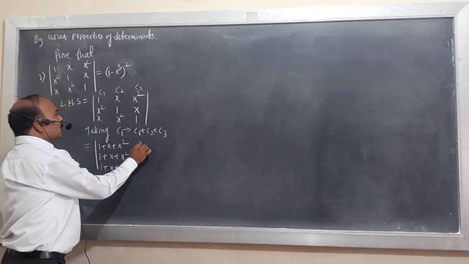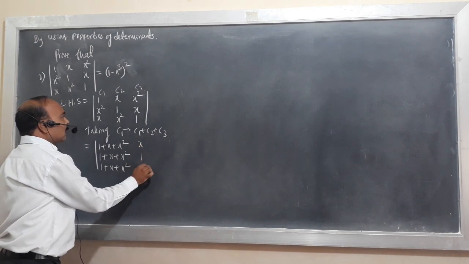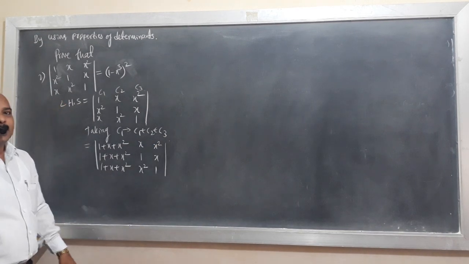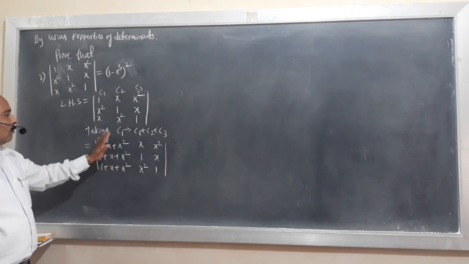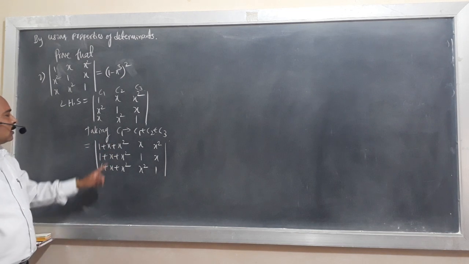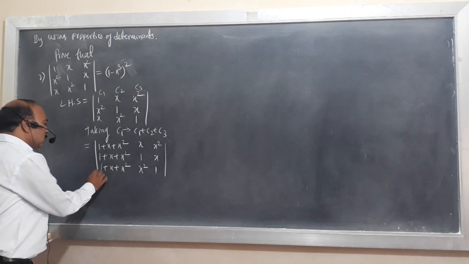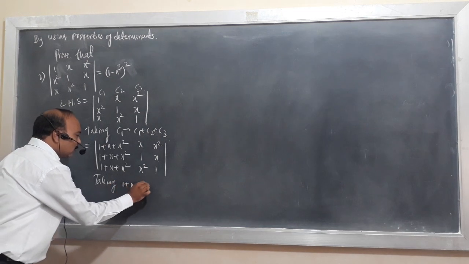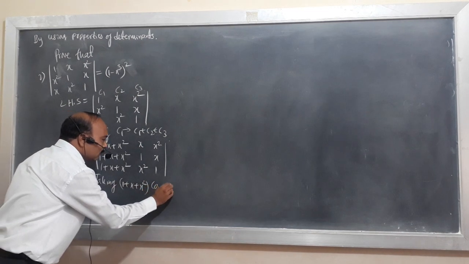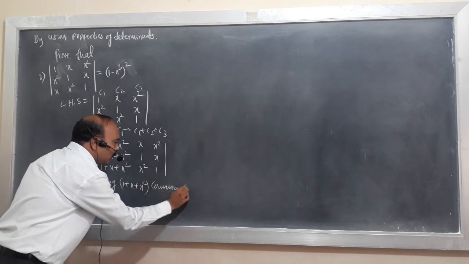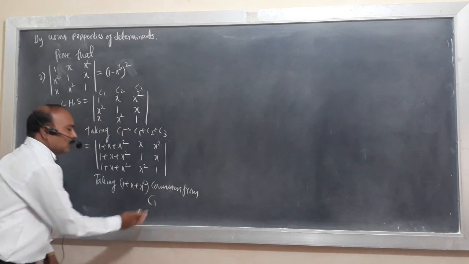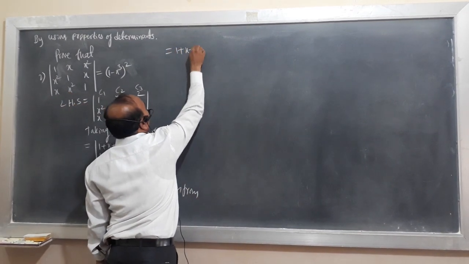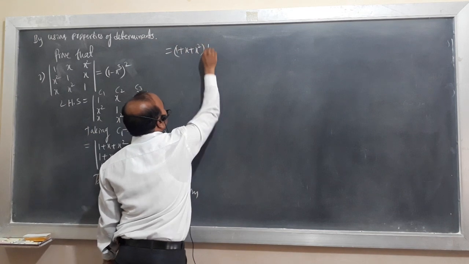Now the remaining two columns are as they are: x, 1, x square and x square, x, 1. We take common from the first column because it is the same term throughout the first column. Therefore we write taking 1 plus x plus x square common from C1, the first column, we get 1 plus x plus x square outside.